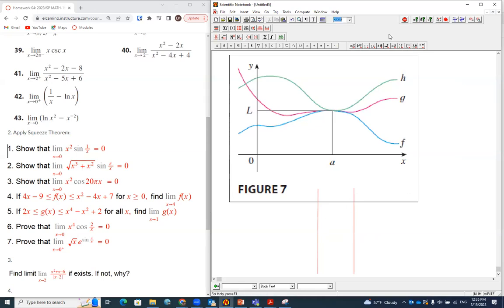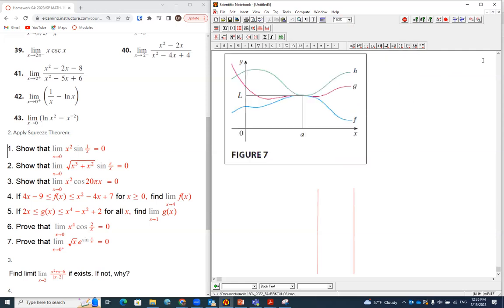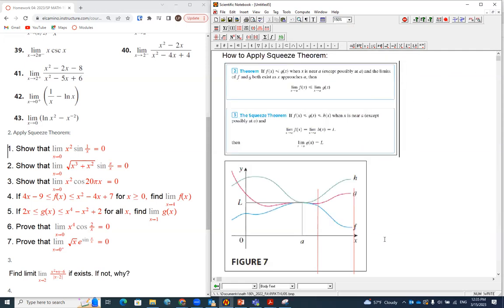Let me make it just a little smaller so you can see everything. Hold on, let me redo this. Okay, so F is below H, okay? F is below H, this is F, below G. G is below H. And G is squeezed in between two other functions.